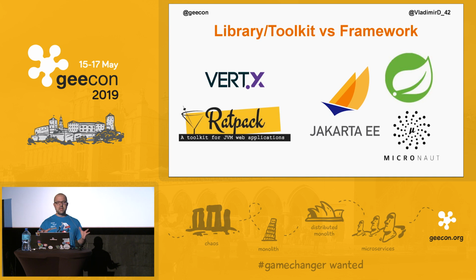But the biggest difference in choosing one of these two approaches is what you want to achieve. If you go with the library and toolkit approach, there are many more choices for you, much more freedom. You can do whatever you want to do. However, you need to make a lot of choices. You need to assemble all those things and make sure that when you assemble all of them, you have a very good product.